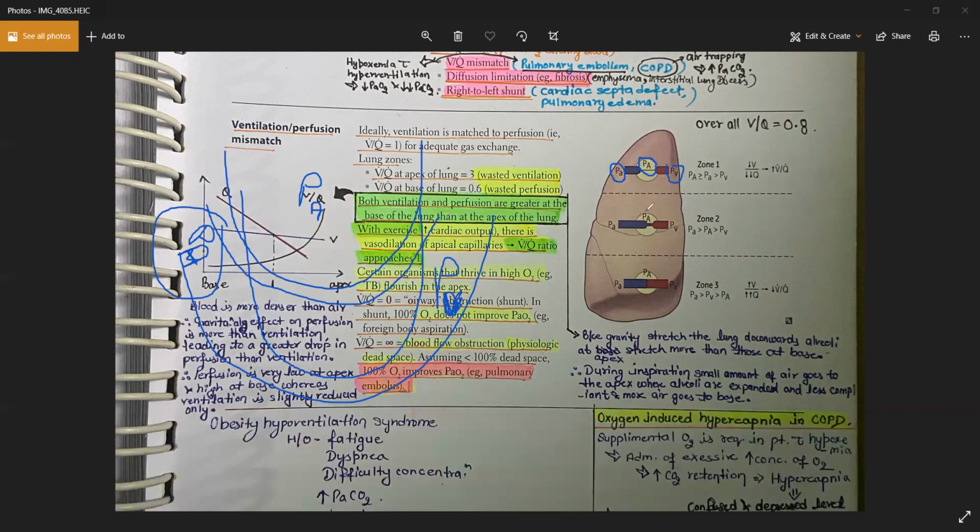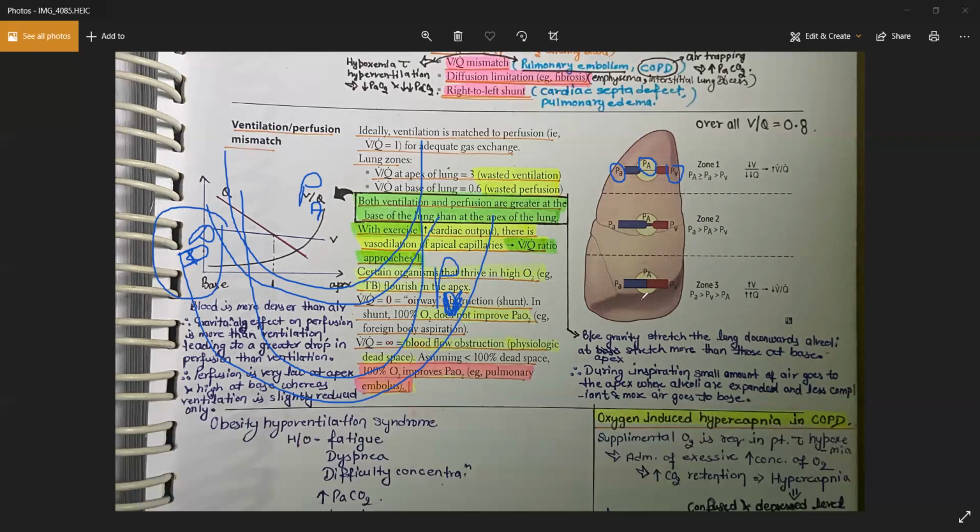In zone 2, the alveoli are moderately distended, and the arterial pressure again becomes more than the alveolar pressure, because the alveoli are only moderately distended and the pressure in the surrounding is higher. So arterial pressure, followed by the alveolar pressure, followed by the venous pressure.